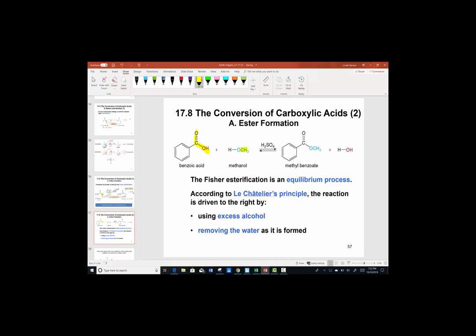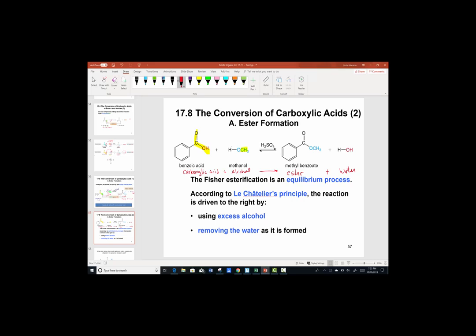Methanol has one carbon as the alcohol. So we have a carboxylic acid, and we're reacting it with an alcohol. And when we do so, we produce an ester and water.